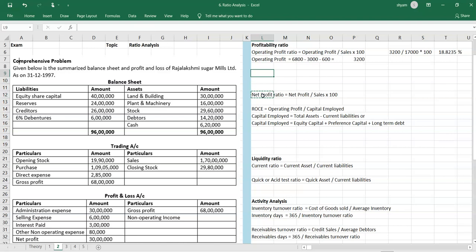So let's get the net profit ratio. If you take net profit ratio, I think it's quite easy, so we can find it out directly.